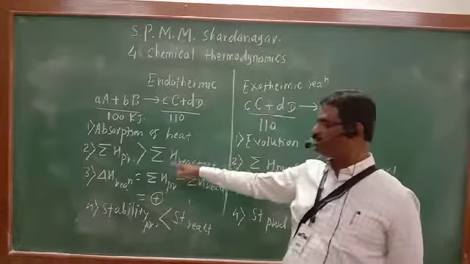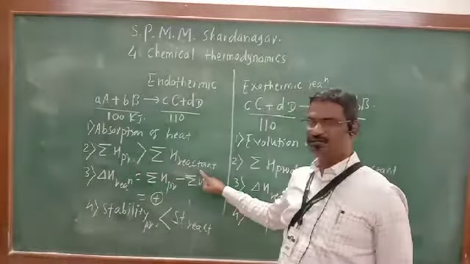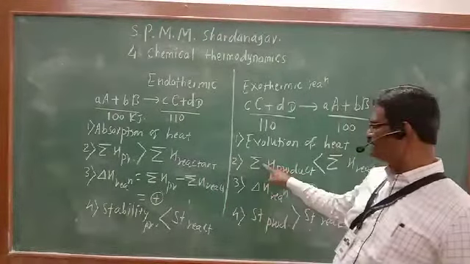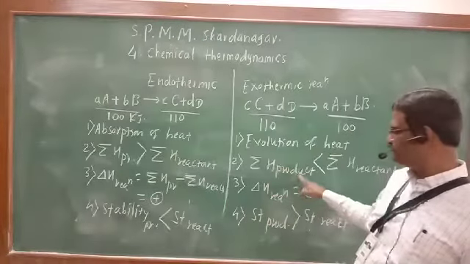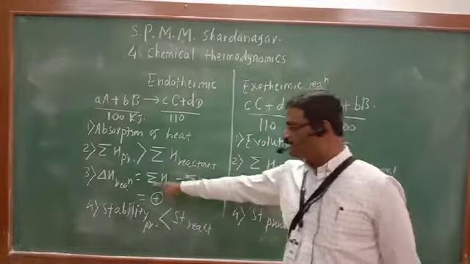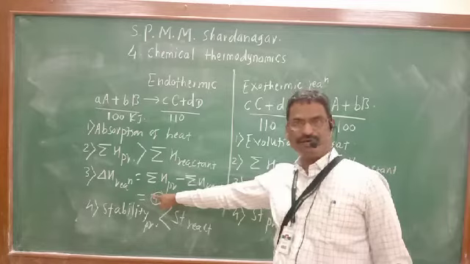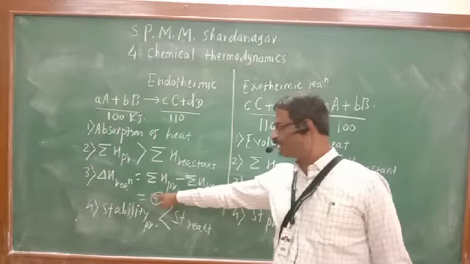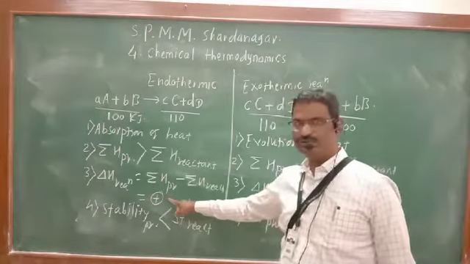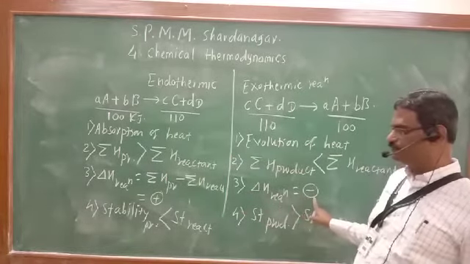In endothermic reactions, summation of enthalpy of product is greater than reactant. Whereas here, summation of enthalpy of product is less than the summation of enthalpy of reactant. Delta H of the reaction, which is the difference between enthalpy of product and enthalpy of reactant, is always positive for endothermic. Here enthalpy of reaction is always negative.